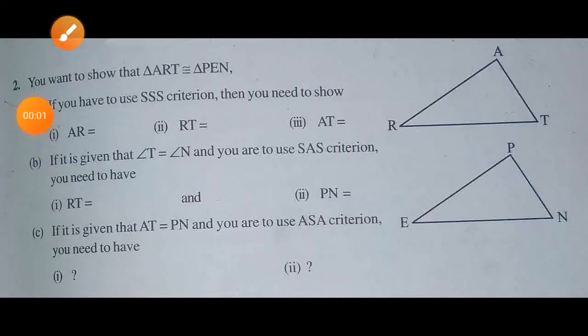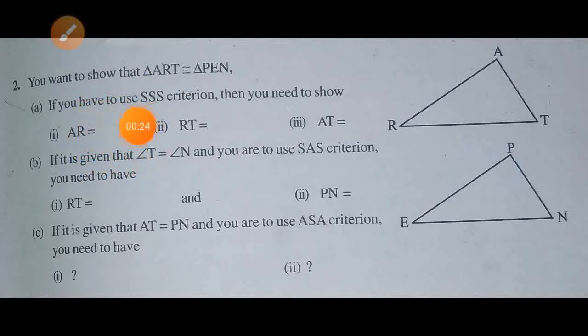Now the second question: you want to show that triangle ART is congruent to triangle PEN. This is ART, the first triangle, and the second triangle PEN. Part A: if you have to use SSS criteria, then you need to show, here SSS means side, side, side.